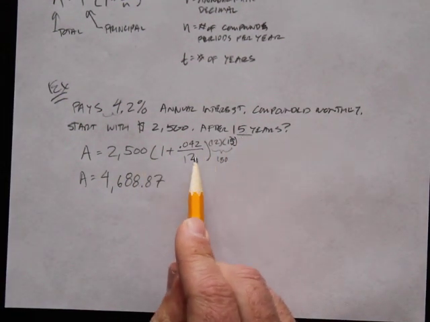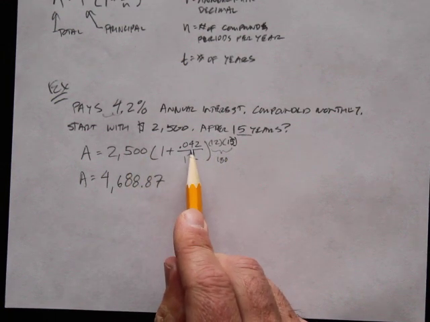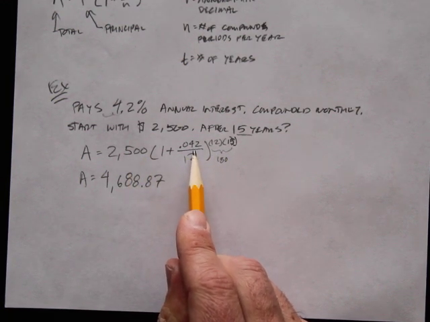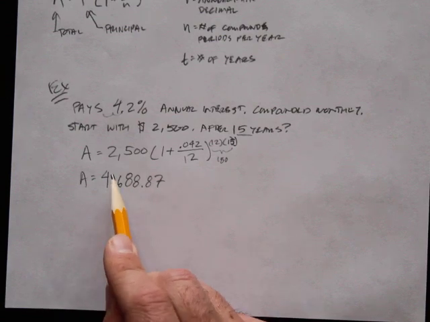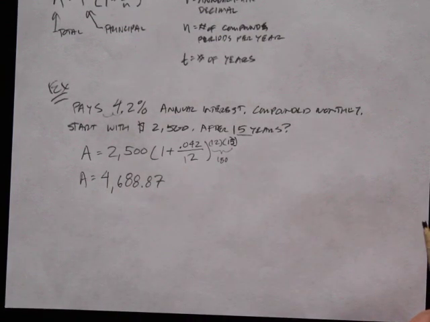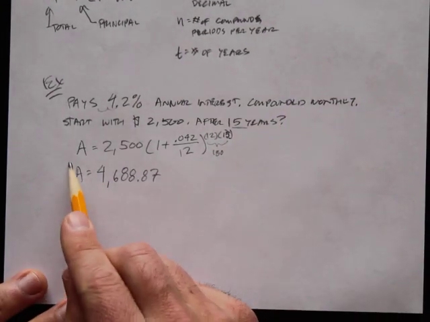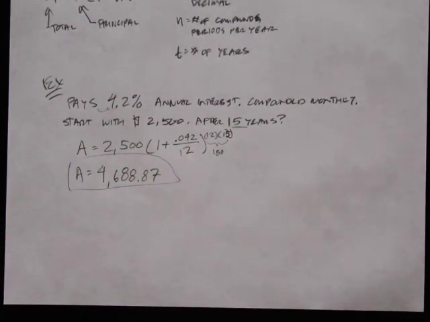So after 15 years, with this type of compound interest, 0.042, you could make almost double your money in 15 years. Pretty good. And that is 7-2. Do a good job on your homework.